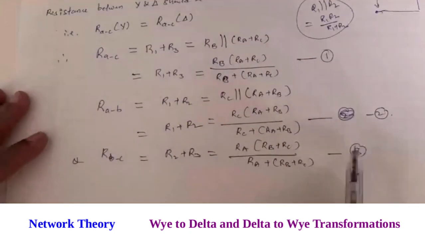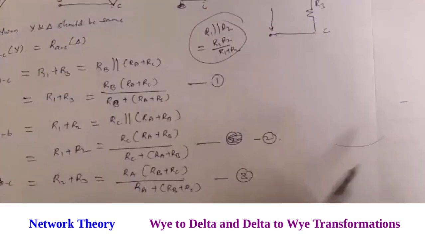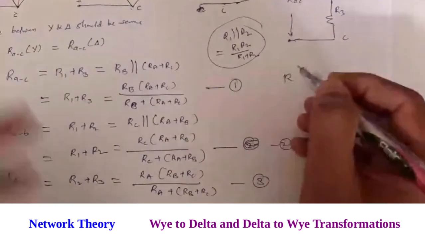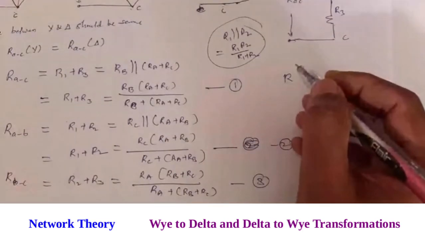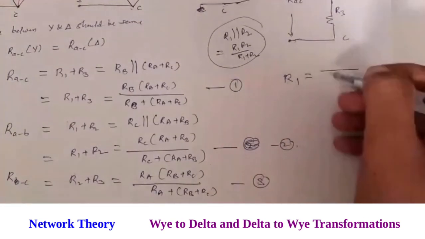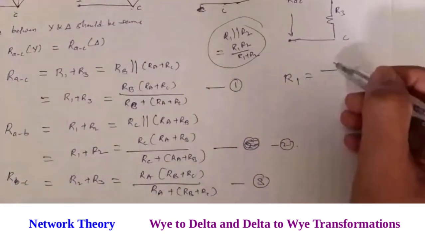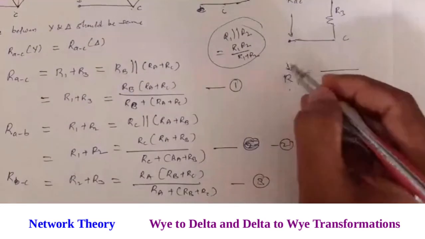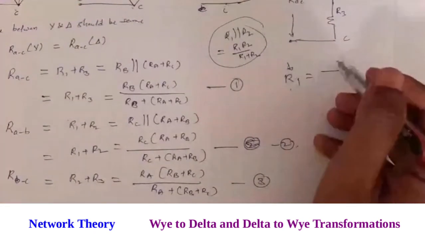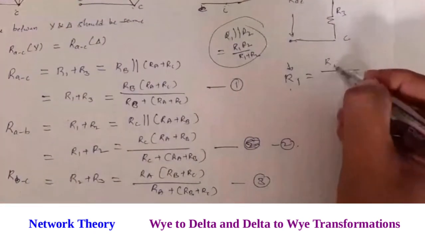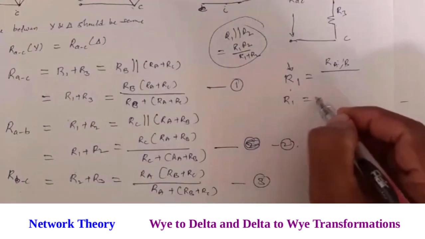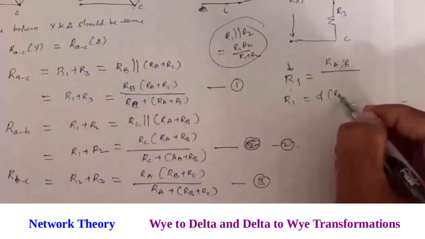Now our intention is to do something like this. I want to find a relationship between these two networks. R1, the resistance of the Y network, I want to find in terms of the delta network. R1 should be a function of RA, RB, RC.